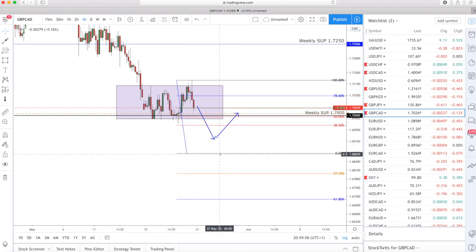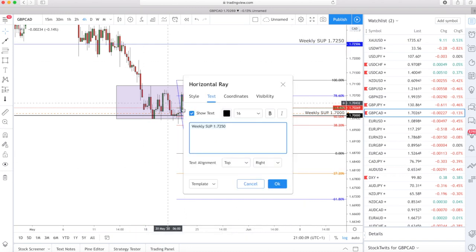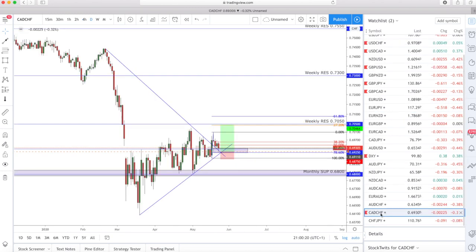And yeah, so let's see what happens on this pair. But as I said, my preferred bias is longs up to weekly resistance 1.7250.